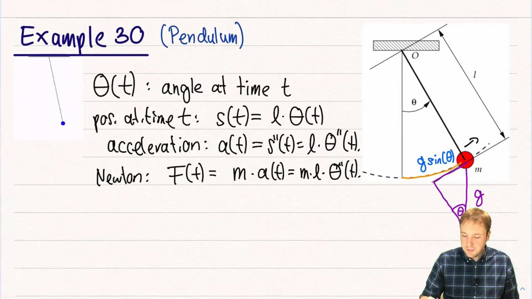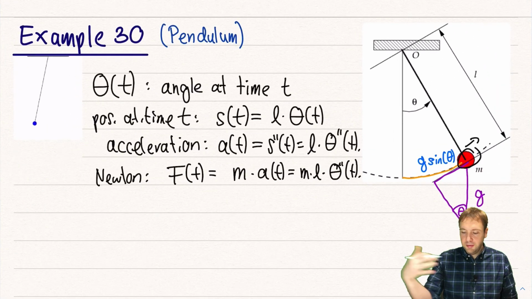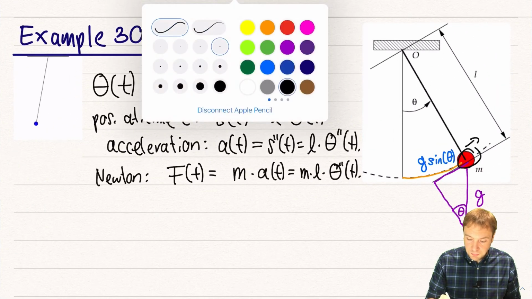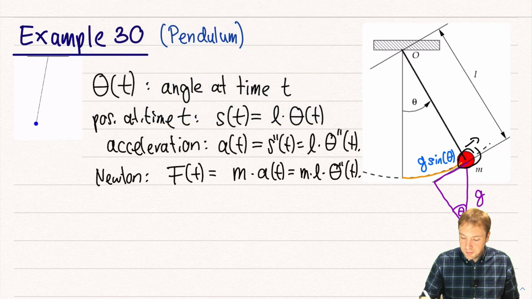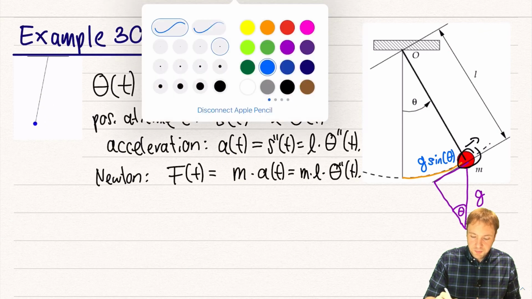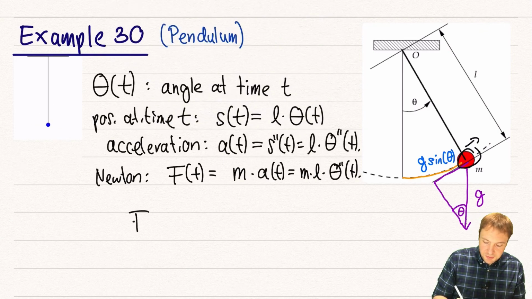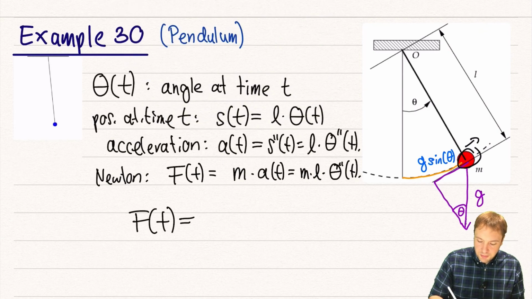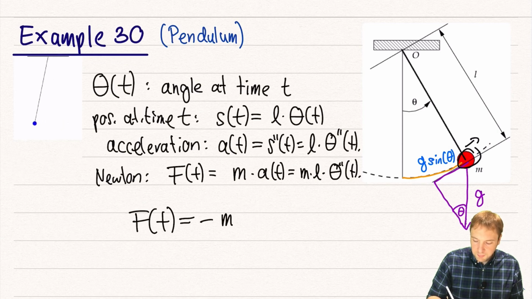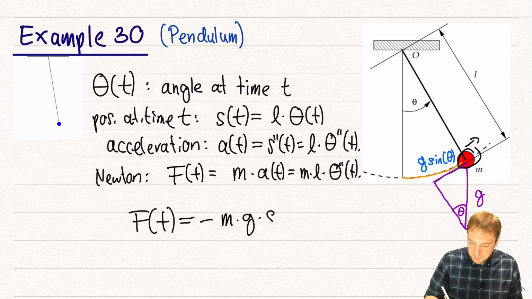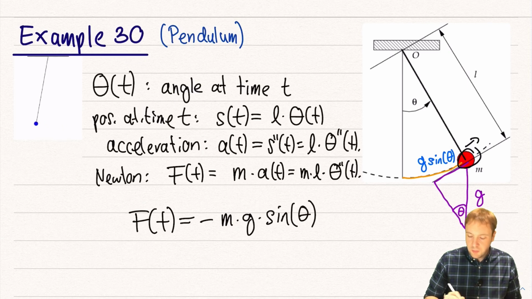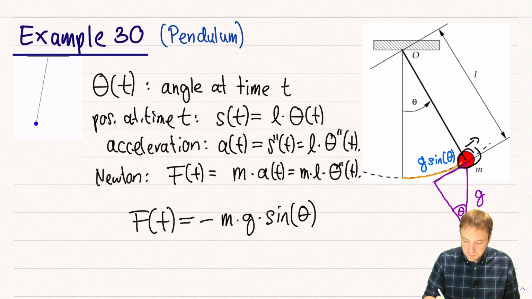So the force acting on this ball here is in the opposite direction, given by the mass times this acceleration here. So in other words, this f of t is also equal to minus the mass times the acceleration we get from there. It's gravity times the sine of theta, or more precisely of theta of t.